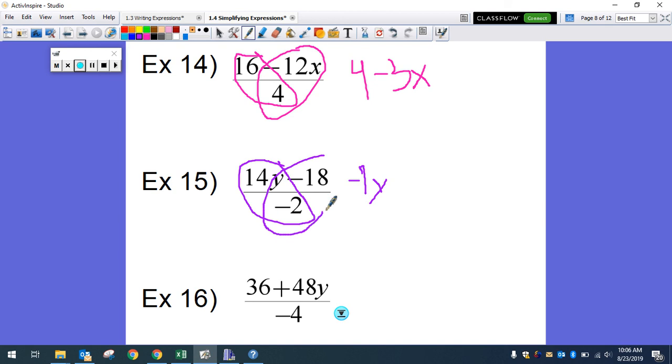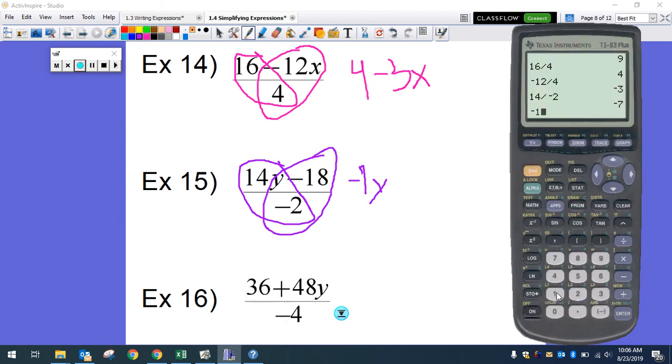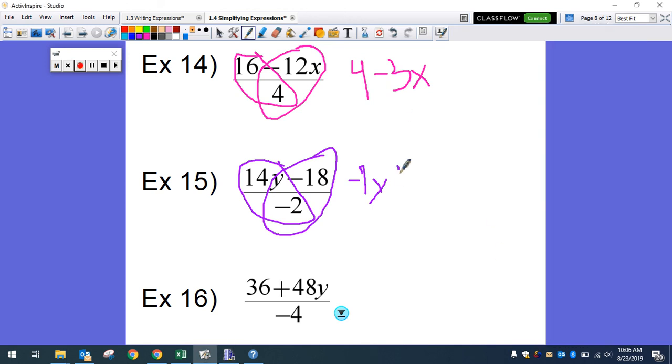All right, now I'm going to do this division. And it's a negative 18 divided by a negative 2. This time I got a positive 9. If you get a positive, that means you need to put a plus. So I'm going to put plus 9. So I got negative 7y plus 9.